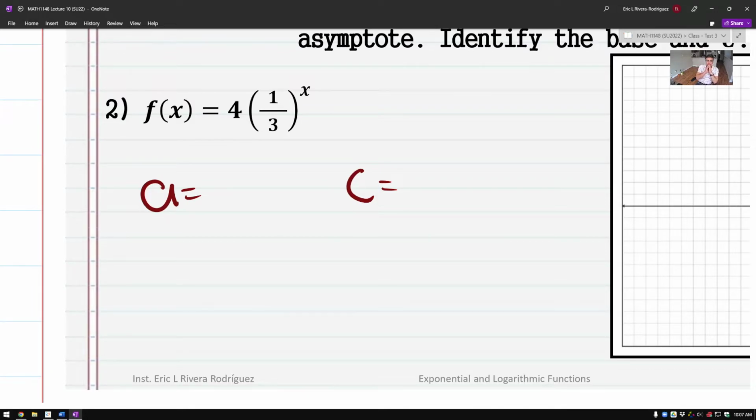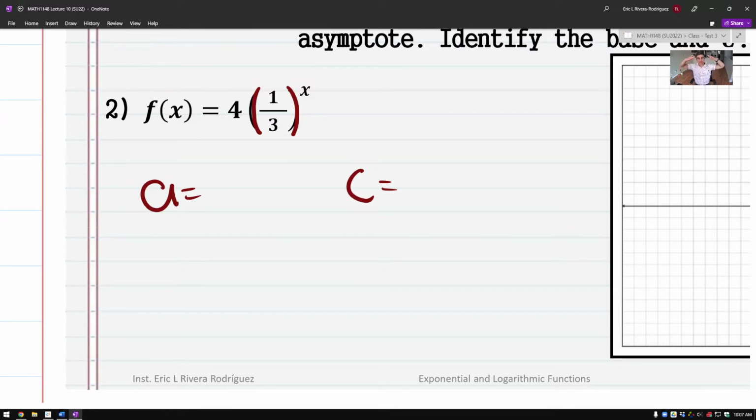Okay, base is just 1/3. Here, what is important is when you are seeing the parentheses, the use of parentheses will help you to differentiate between the value of C and the value of A.